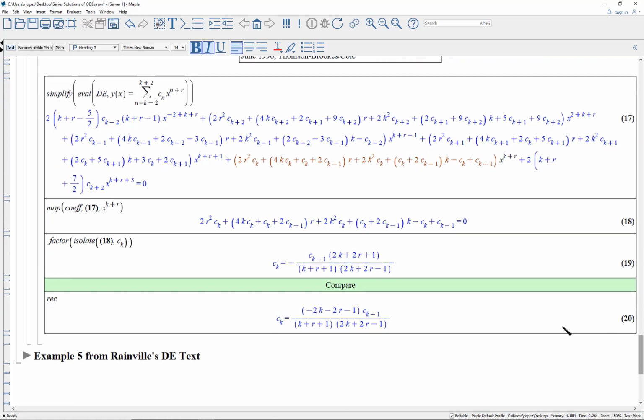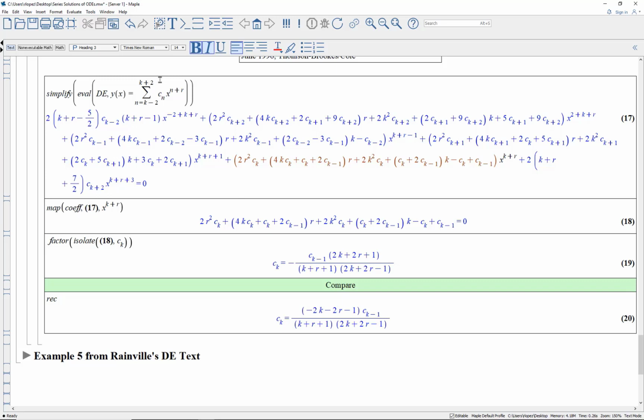Here's the technique. Do not plug in a series from 0 to infinity. Since you're looking for a series where x to the n plus r shows up, sum on either side of x to the n plus r. So let n be k minus 2 to k plus 2.